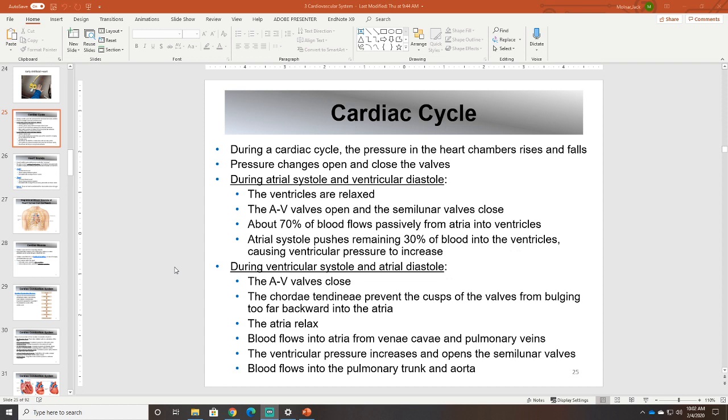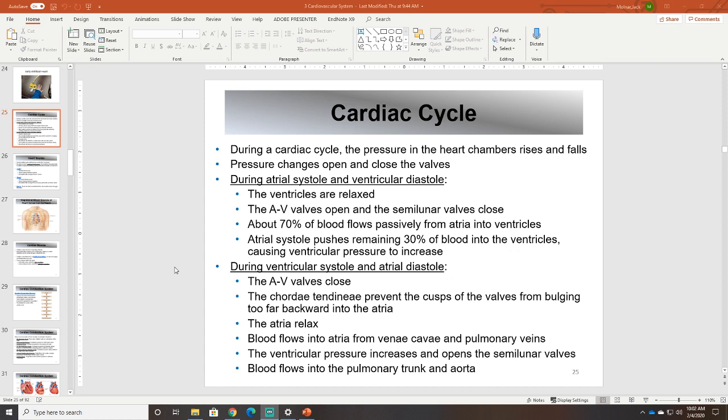So during atrial systole, this is atrial contraction, and ventricular diastole, that's ventricular relaxation, the ventricles will be relaxed. The AV valves will be open and the semilunar valves will be closed. Now remember, the AV valves are between the atria and the ventricles, and the semilunar valves are between the ventricles and the large arteries leaving the heart.